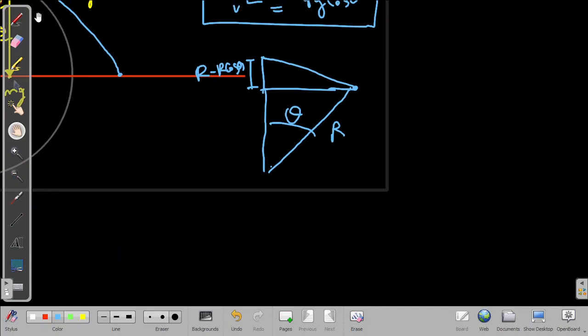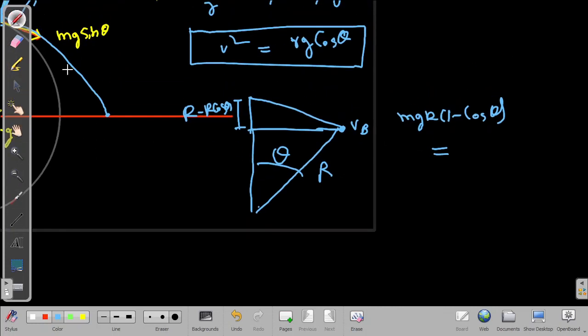Now we need to find the velocity at this point. So mgr into 1 minus cos theta is equal to the kinetic energy at this point, which is half m v square. So mgr into 1 minus cos theta is equal to half m v square, and v square is rg cos theta.